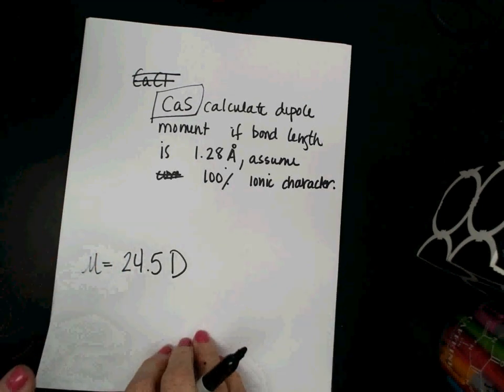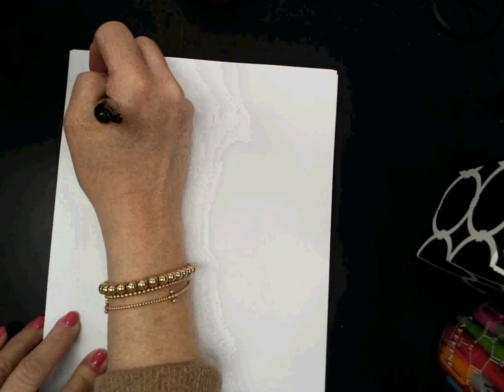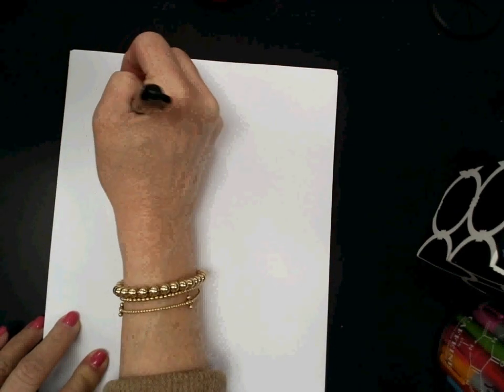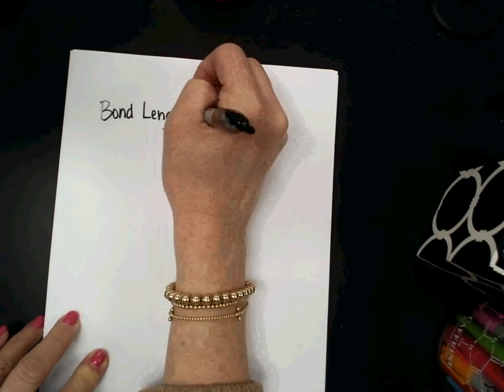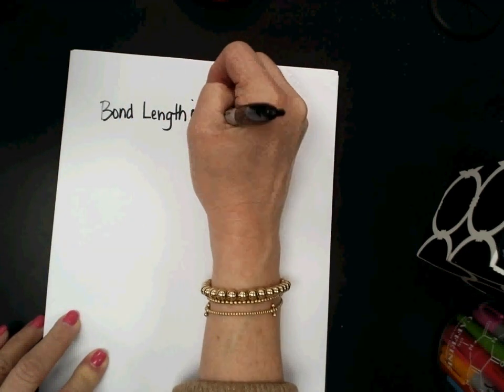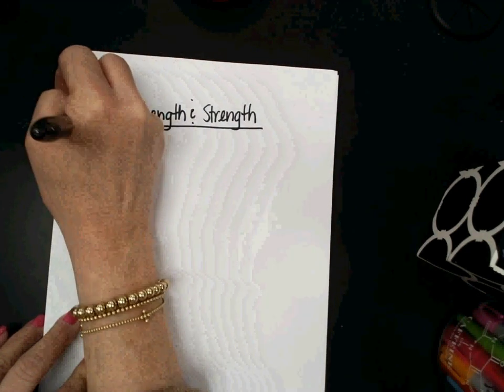Okay, so while we're talking about bond lengths and dipole moments, which all goes with bond length and bond strength, I want to talk a little bit more about that before we wrap this up. First of all, bond length and bond strength go hand in hand.